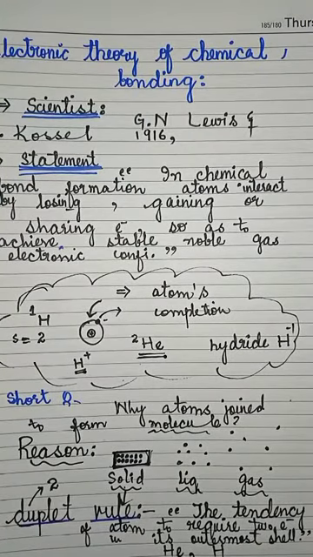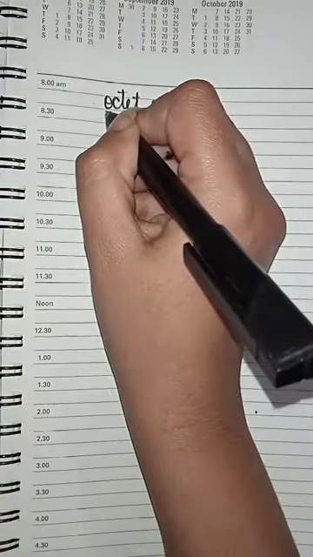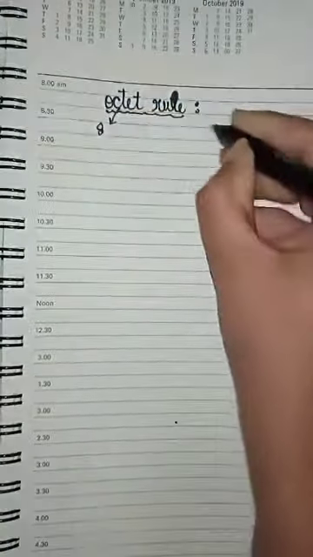Alright, now the next one we have is the Octet Rule. What is the Octet Rule? The word octet means 8.